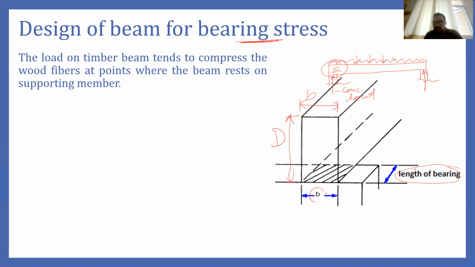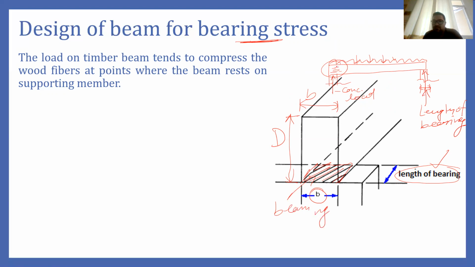So generally B is fixed. The other length which we can change is the length of bearing, or the width of support. This is actually called the length of bearing, and the area on which the beam is resting, this hatched part, is called the bearing area.